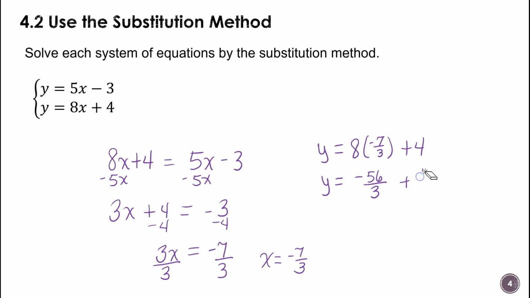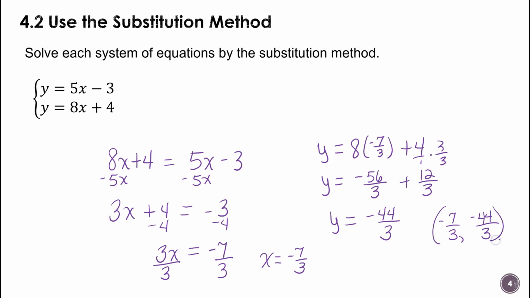And so I'm going to rewrite the 4 with a denominator of 3. So that's going to be plus 12/3. So I just add those two together. That's negative 44/3. Okay, so the ordered pair solution is going to be negative 7/3, negative 44/3 for the y, and that's the solution for that one.